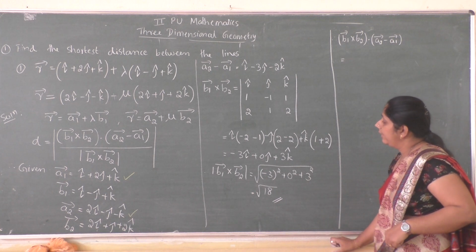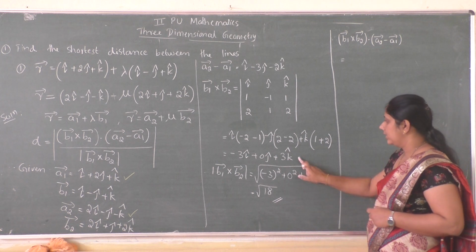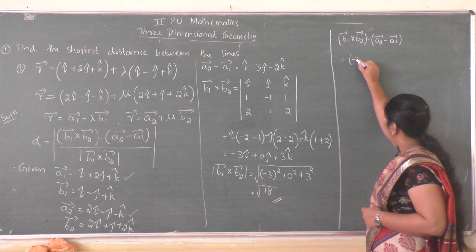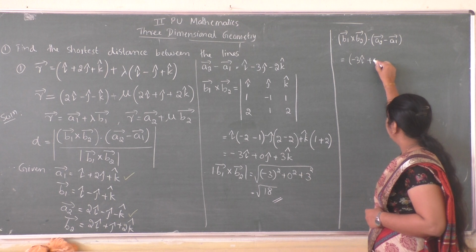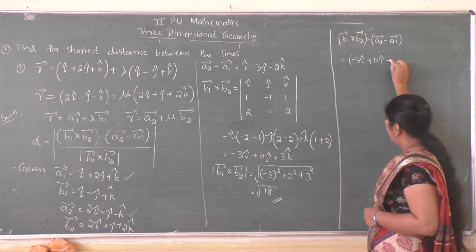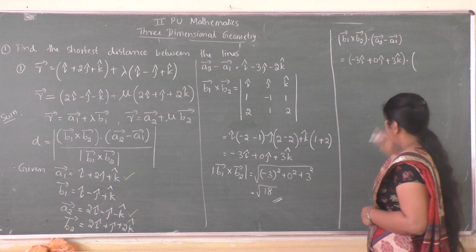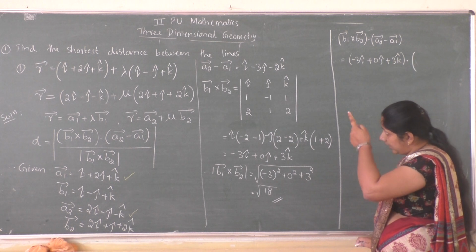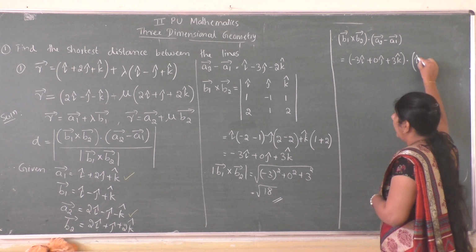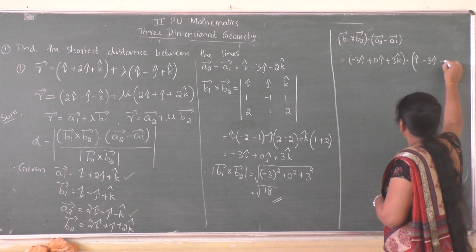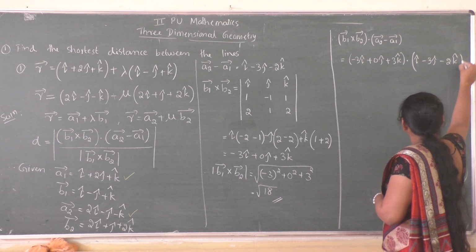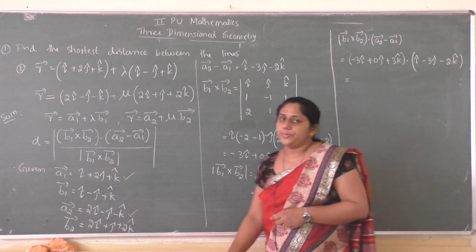What is b1 vector cross b2 vector? This one, minus 3i cap plus 0j cap plus 3k cap, dot, what is vector a2 minus vector a1? It is i cap minus 3j cap minus 2k cap. So what is the dot product?